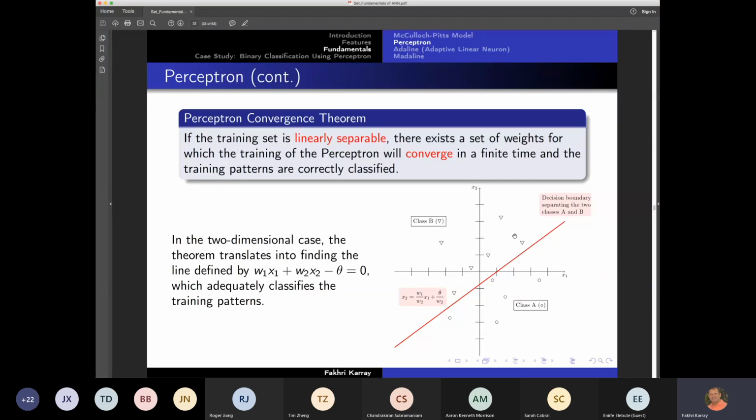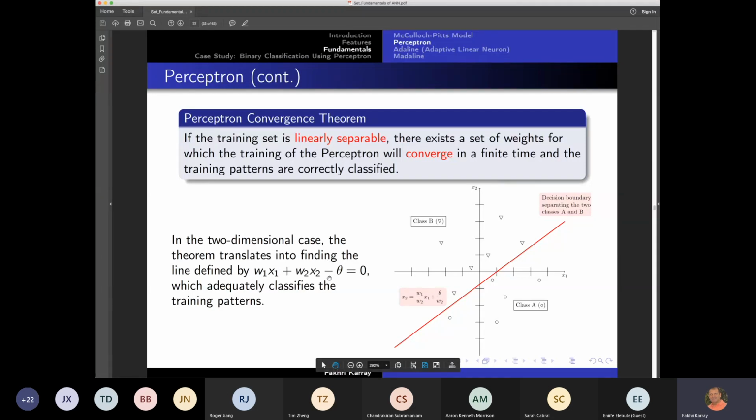When you have two classes, the boundary between the two classes doesn't have to pass through the origin. So that bias term, which we spoke about, gives us the capability of doing this offset or bias. And this is a very important component.